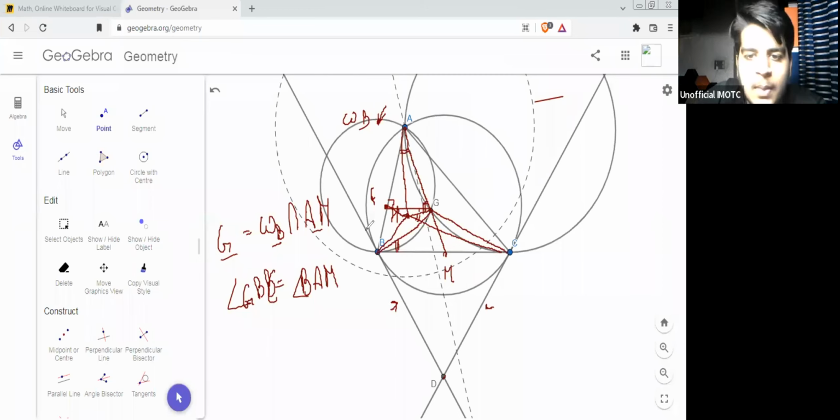All right. Yeah, this works out now. Nice. Thank you. Okay. Yeah. So what we do is we extend CH to meet this at F, then AFHG is cyclic, right? 90, 90. So this angle is 180 minus. Yeah. So is it clear?